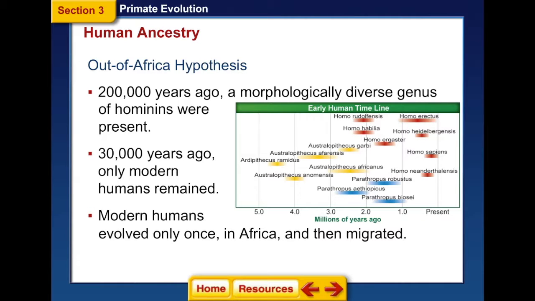These were still present and just scattered throughout the world. Now, about 30,000 years ago, we only ended up with modern humans. These were the only ones that remained out of all those species. Modern humans evolved only once in Africa, and then migrated. That's where the out of Africa hypothesis comes into play. All humans alive today are thought to have migrated from Africa.